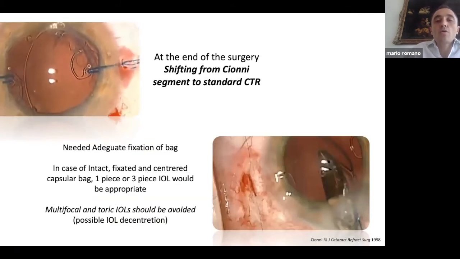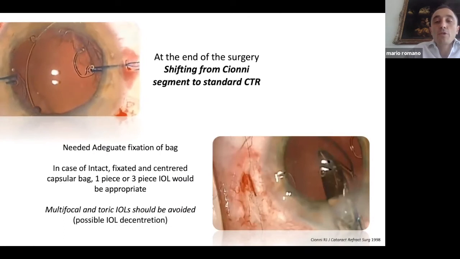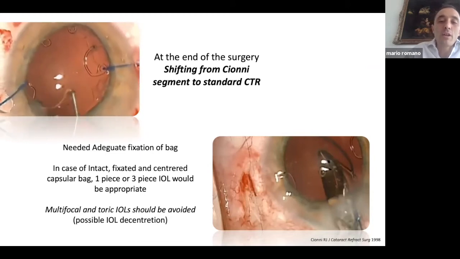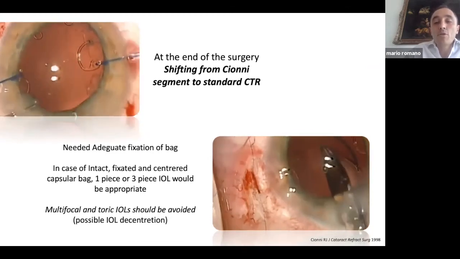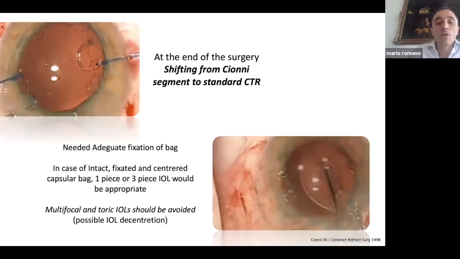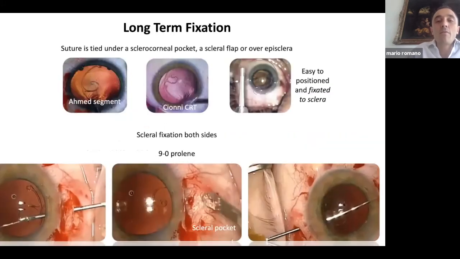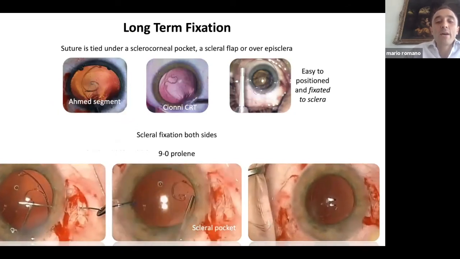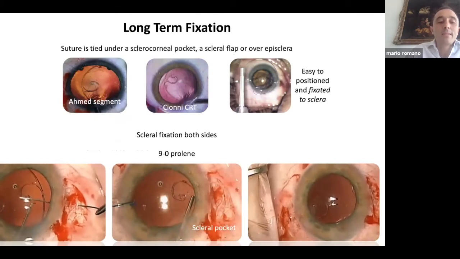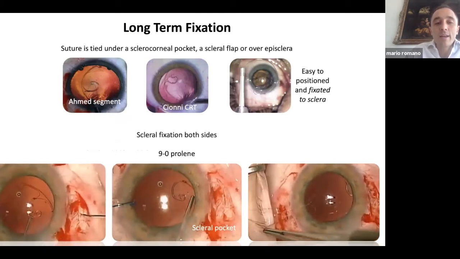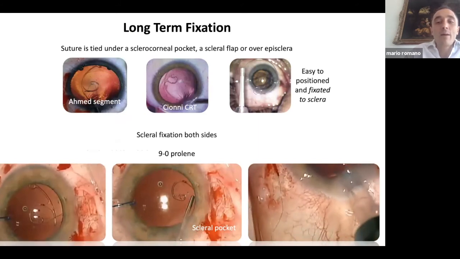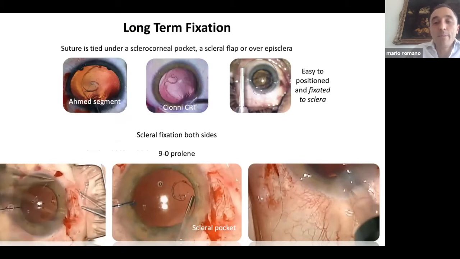Sometimes it is also possible to shift from the Cionni ring that we are using with the help of hooks during the surgery to a standard capsular tension ring by the end of the surgery. In terms of long-term fixation, we can fix the segment or the ring with Prolene, with a scleral corneal pocket or a scleral flap, or just over the episclera.